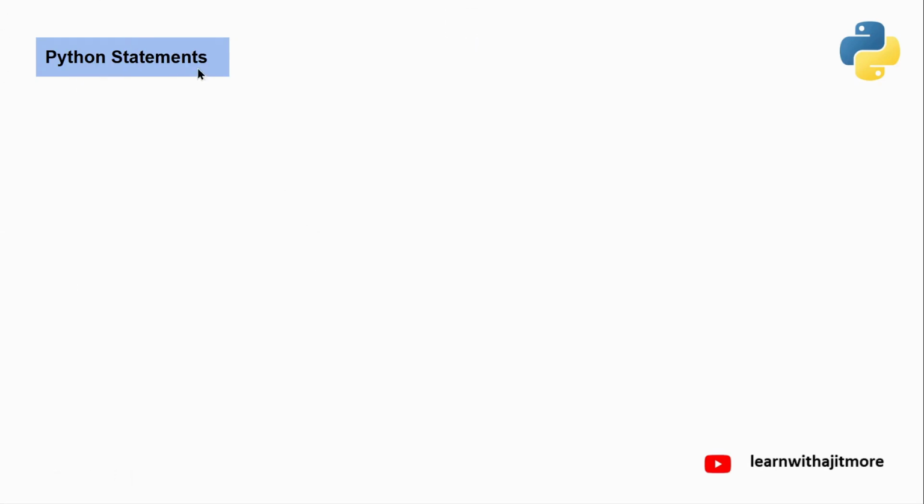Moving ahead, next is the Python statement. So what is a Python statement? It is an instruction given to your Python interpreter. Whatever instruction you give to the Python interpreter is called a Python statement. Like I'm writing x equal to 10.